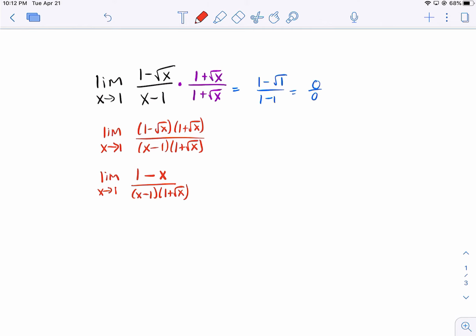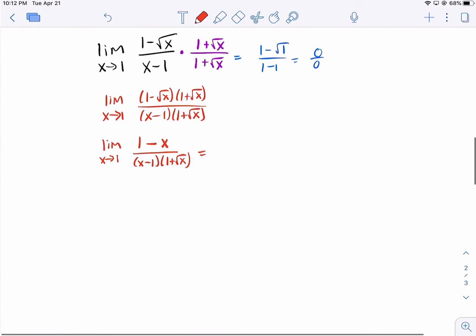And we don't want to get too excited about canceling because this looks like x minus 1, except it's 1 minus x. The order is flipped. So here's an important algebra thing that we can do. I can make the numerator look like the same order, x minus 1, if I factor out a negative.